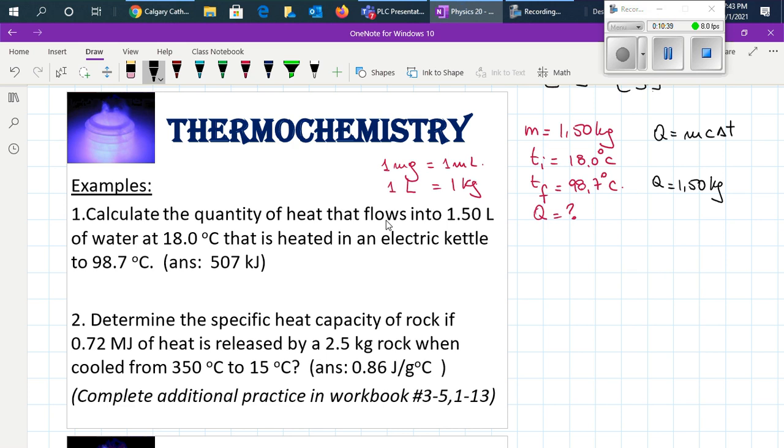You will look for C of water, which is 4.19. In your data booklet, as I said, it is in joules per gram degree Celsius, but we proved that it's the same.